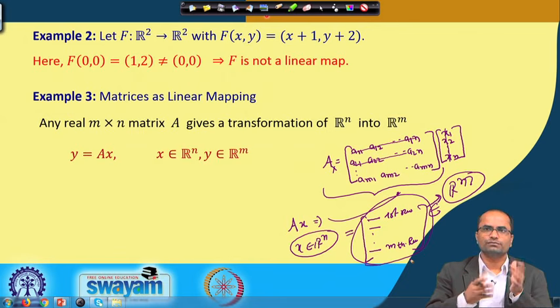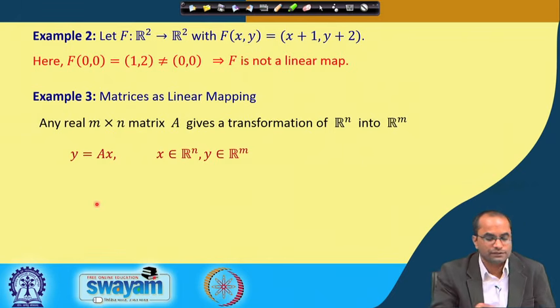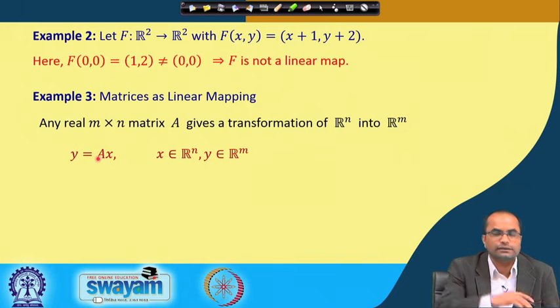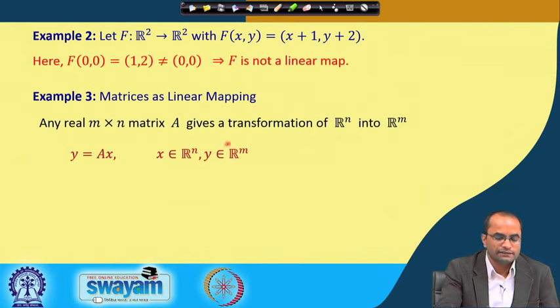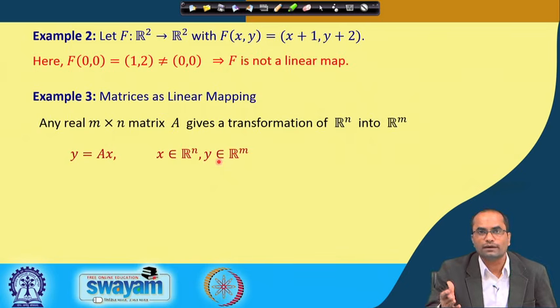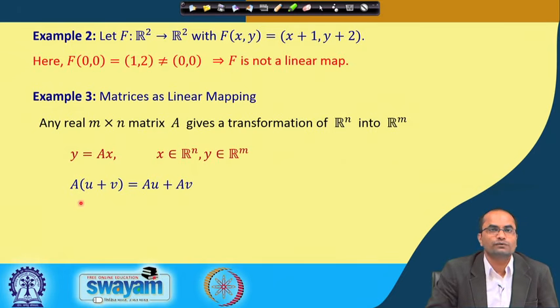Why a linear map? Because of the nice properties of such matrices. So, first what we have seen is that this A x is mapping the element x which was from R n, and it is giving us an element y in this R m. So, it maps from R n to R m, that is clear. And the linear property, those are two properties. When we apply this A on u plus v, so u and v are elements from this R n. So, when we apply A on this u plus v, what we will get, this is the property of the matrix itself, A u plus A v, and that is what we were looking for in the linear map.